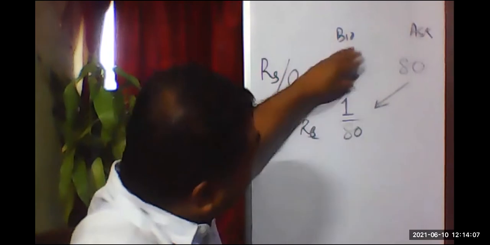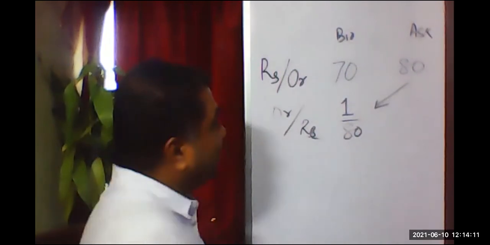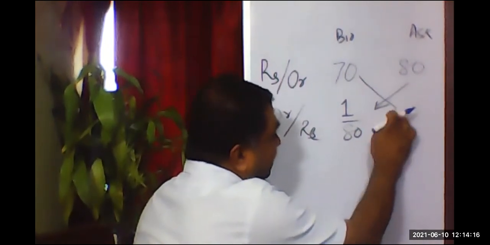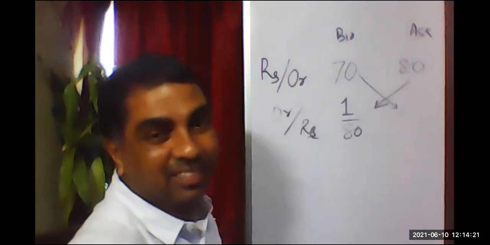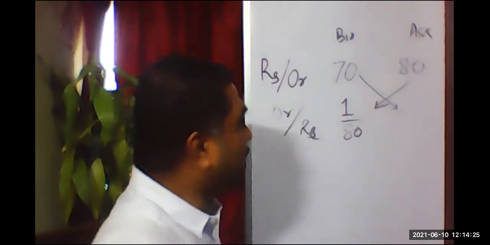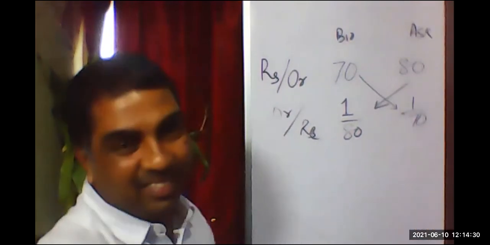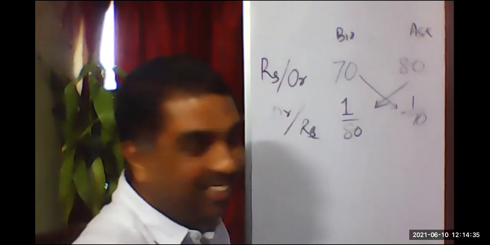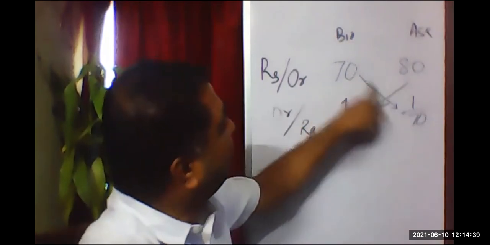That means the selling rate for 70 rupees is 1 kilo orange. For 1 rupee, 1 by 70.